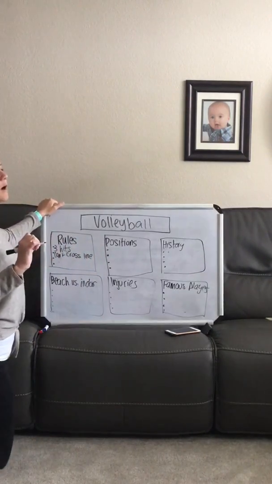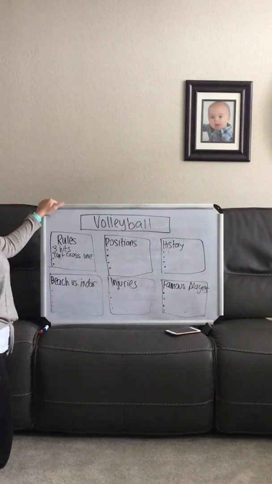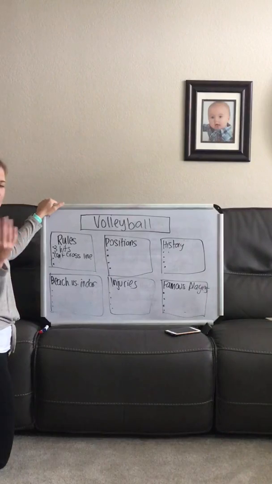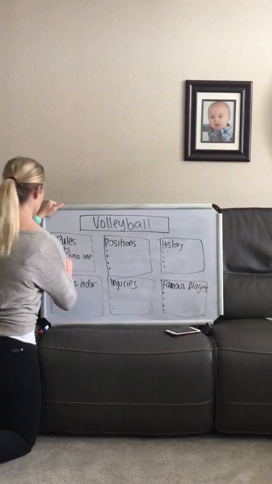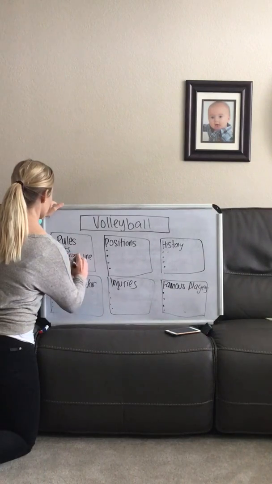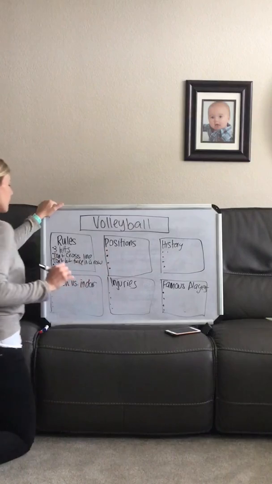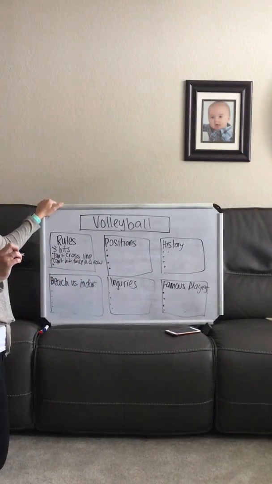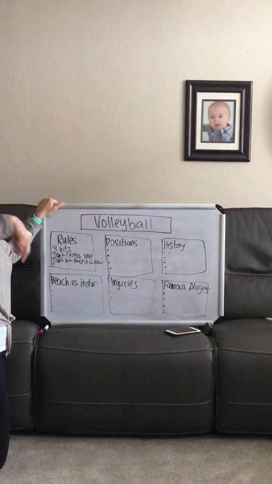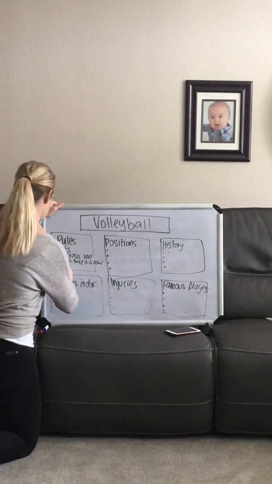Okay. Another rule is you can't hit the ball twice in a row, the same player. It has to be different players. So can't hit twice in a row. And another important rule is you have to rotate positions. You can't just stay at the same spot. You do have to rotate around the court.